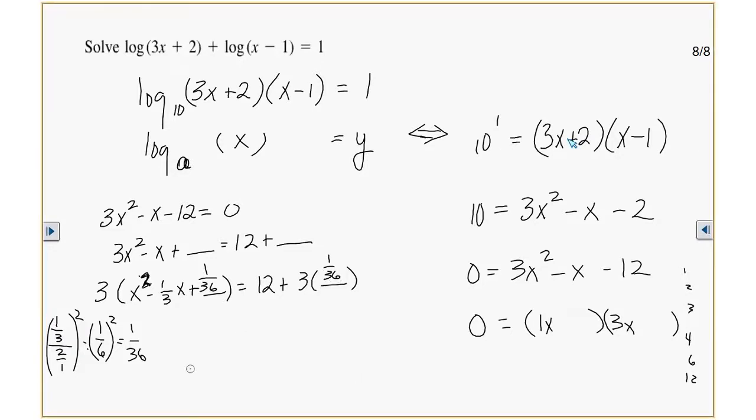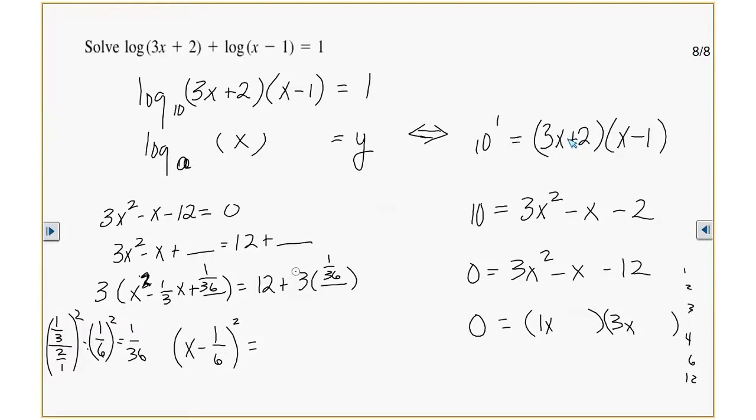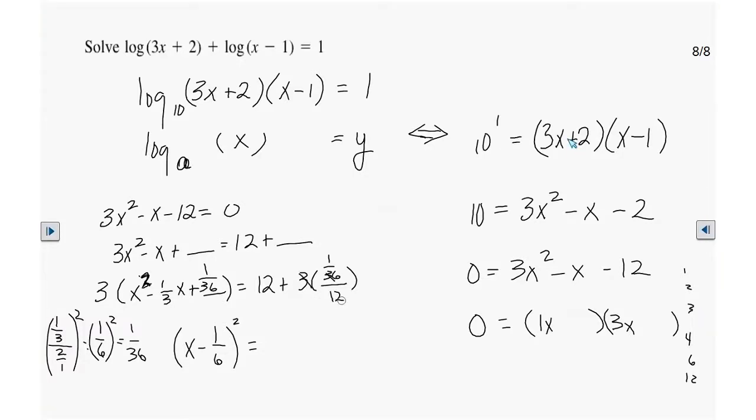And that's going to give you x minus 1/6 quantity squared is equal to 3. We bust that into twelfths. And that'd be 144 twelfths plus 1/12.